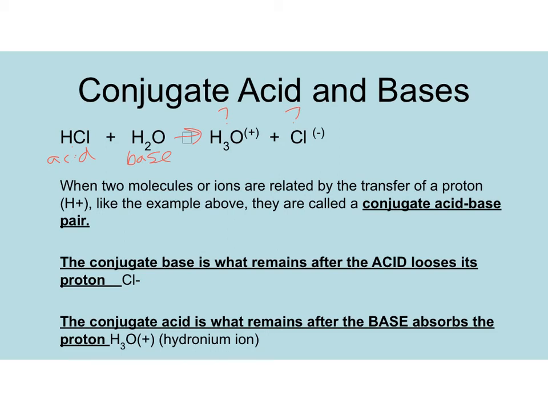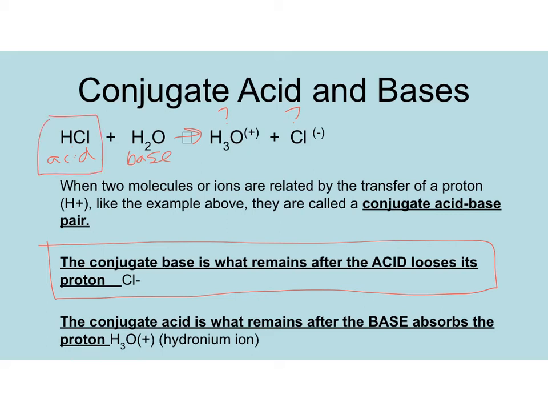When two molecules or ions are related by the transfer of a proton, like H+, like the example above, and the H+ is just transferred, they are called conjugate acid-base pairs. So this is the important part. The conjugate base is what remains after the acid loses its proton. So here's my acid, HCl.